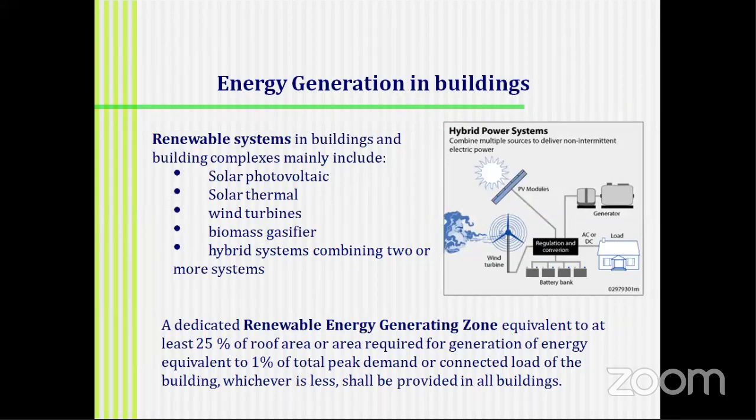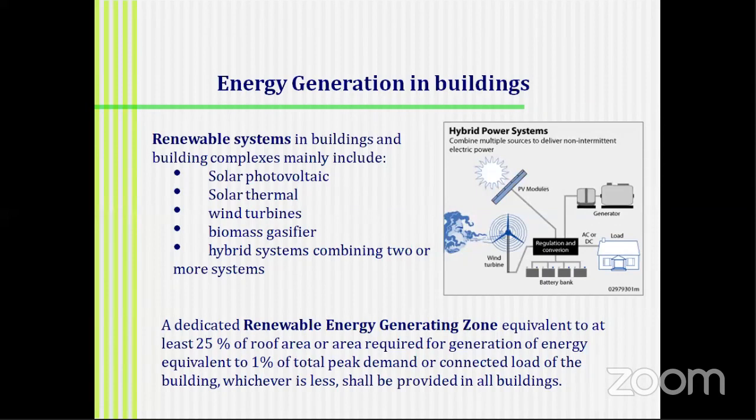And of course, generation is a new gamut, which is again very important. And there have been lots of challenges in this. There has been a lot of research, a lot of promotion through government funding for research at various levels. In fact, for the last 25 years, people have been trying to do research on how to integrate energy generation into buildings. There have been some promises of late, but still there is a long way to go.